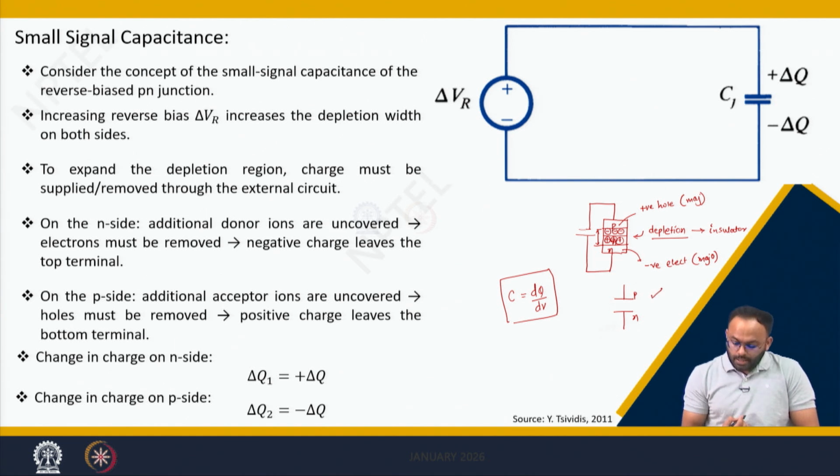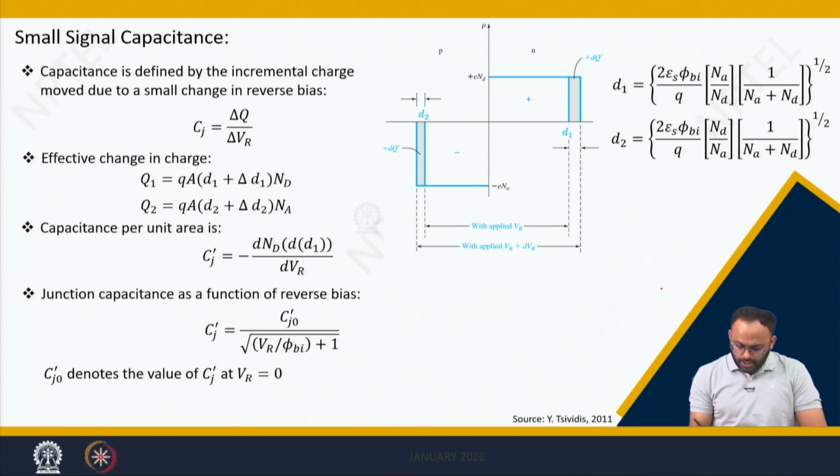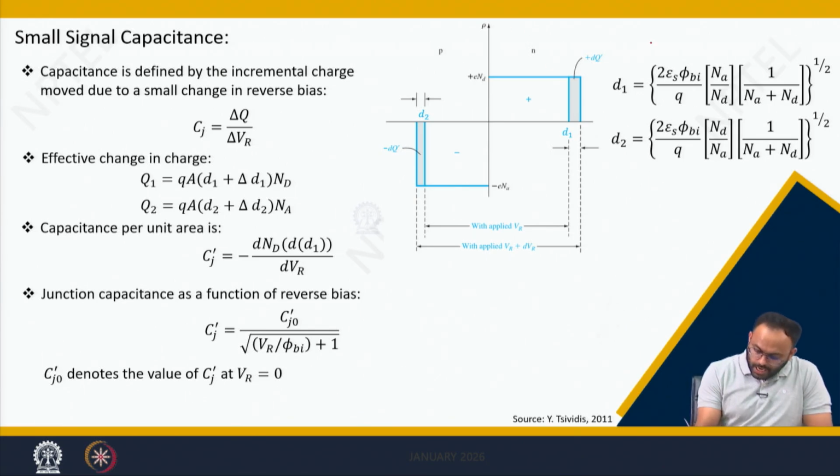Let's analyze the small signal capacitance of the PN junction under reverse bias. As we know, whenever we apply a reverse voltage, the charge of the depletion region increases, meaning the depletion region expands towards this side as well as towards this side.